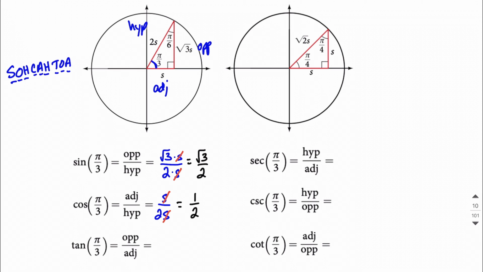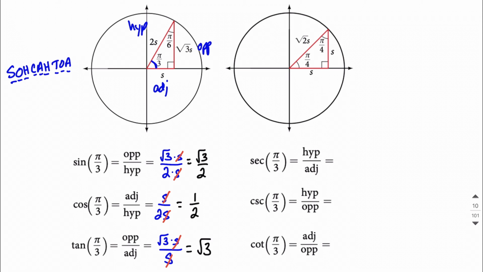Remember, when you cross out a common factor between numerator and denominator, you put a 1 in that spot. All right, finally, tangent is going to be opposite, square root of 3 times s, over the adjacent, just s. So again, s in the numerator, s in the denominator, a little reducing down, that makes a 1. So we're going to have square root of 3 divided by 1, which is really just square root of 3.